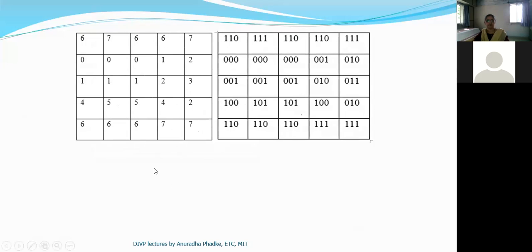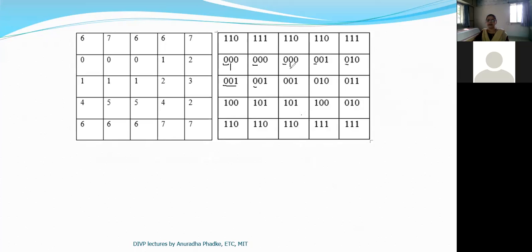Okay, so this is your input image and this is the binary representation. Now collect all these bits, very first bits, collect all these most significant bits to get the most significant bit plane. Then collect central bits.